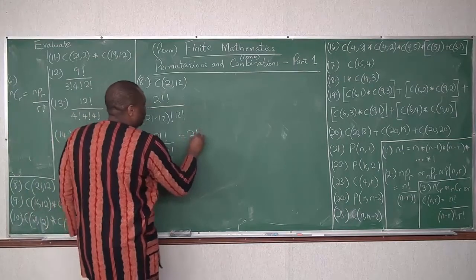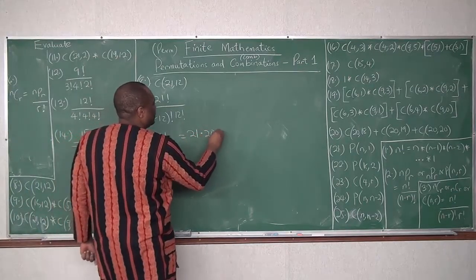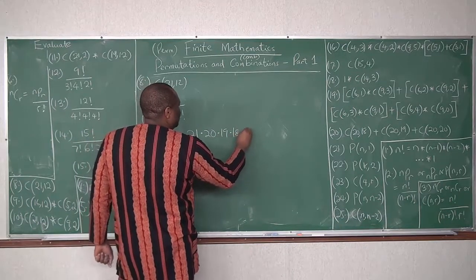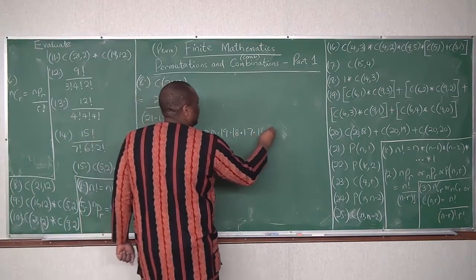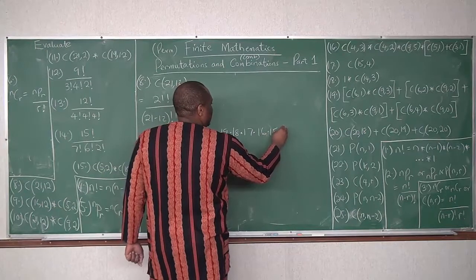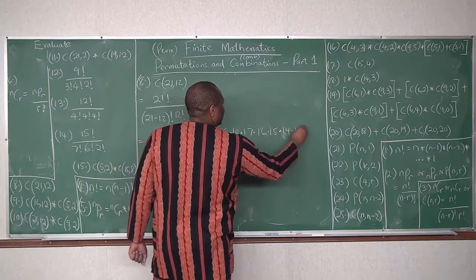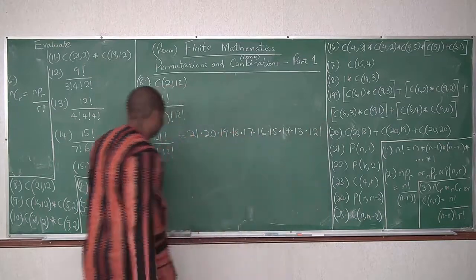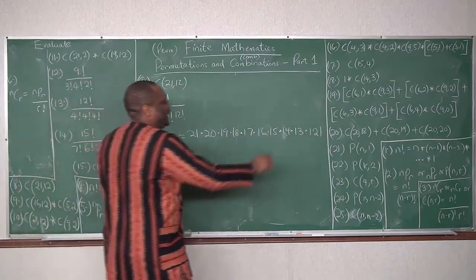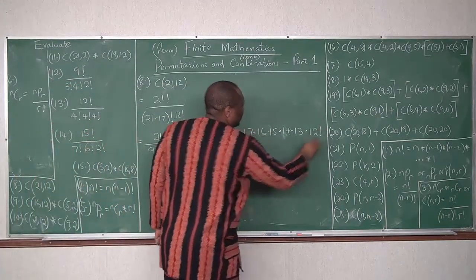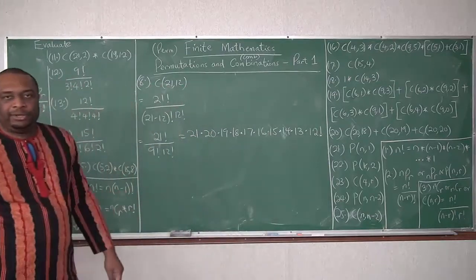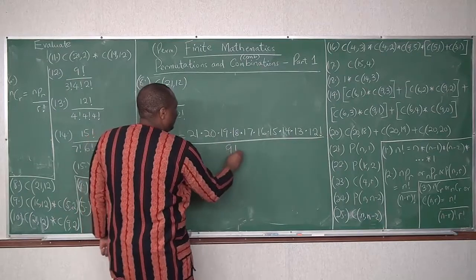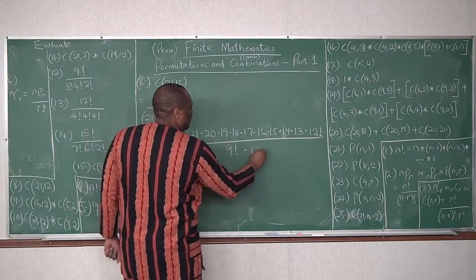So this is 21 times 20 times 19 times 18 times 17 times 16 times 15 times 14 times 13 times 12 factorial. Stop at 12, don't stop at 9 because 12 is bigger. All over 9 factorial times 12 factorial.